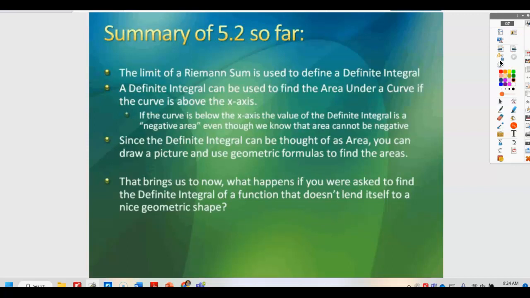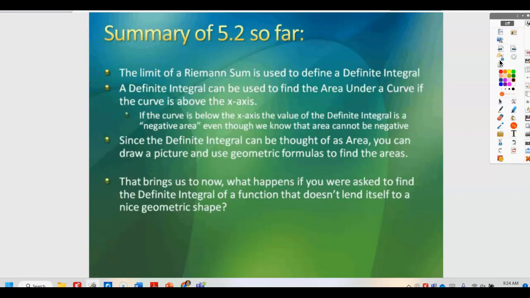So that pretty much summarizes 5.2. 5.2 in your book is the Riemann sum limit and then the areas of the definite integral curve. So we did 5.1, this is 5.2. We'll do 5.3 and then probably have our mid-chapter fact test, just to give you an idea of what's coming.